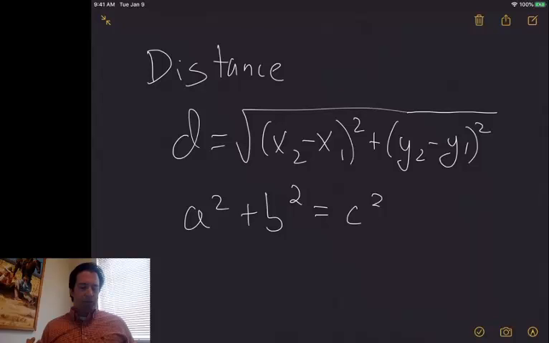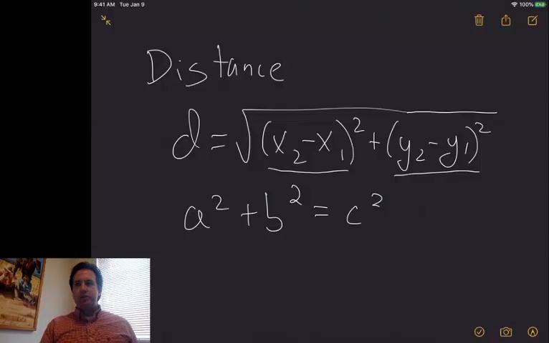To get to the messy distance formula, to find A, we look at the difference between our x values, and to find B, we look at the difference between our y values. Ultimately we want the distance, not the distance squared, so everything is underneath the square root.